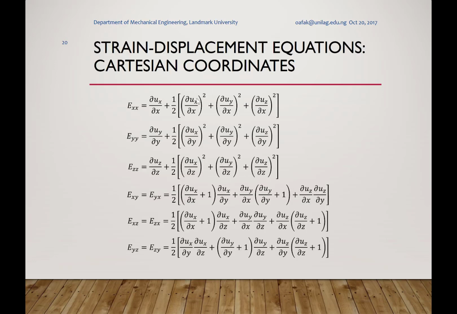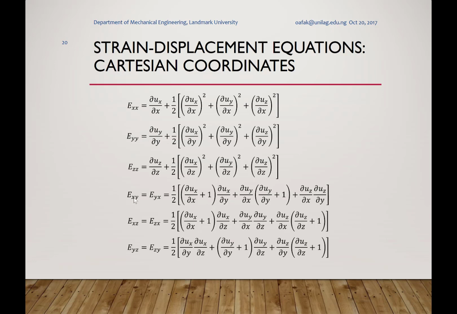The strain displacement equations in Cartesian coordinates, here you have Exx is equal to this is the linear part and this is the nonlinear product part. Again, the linear part, the nonlinear product part for each of the 6 expressions.